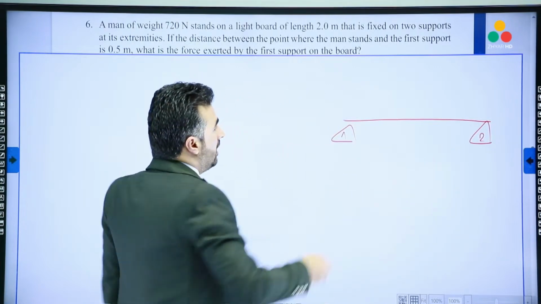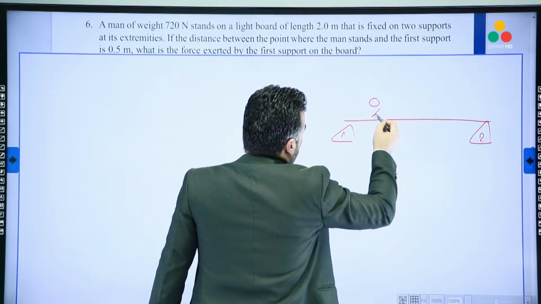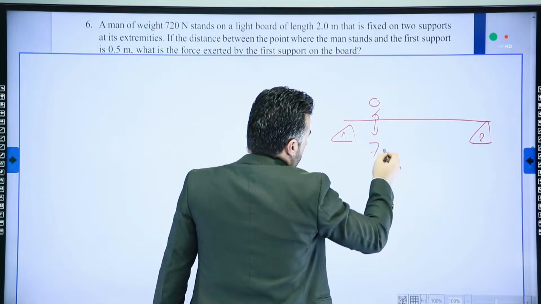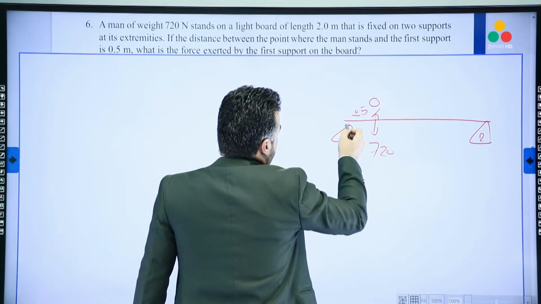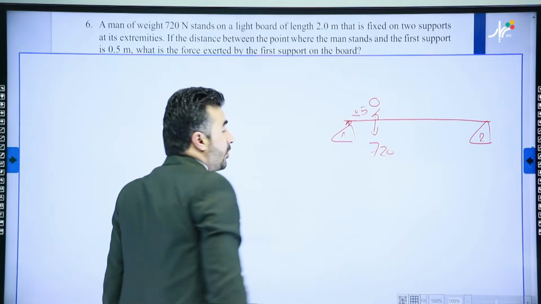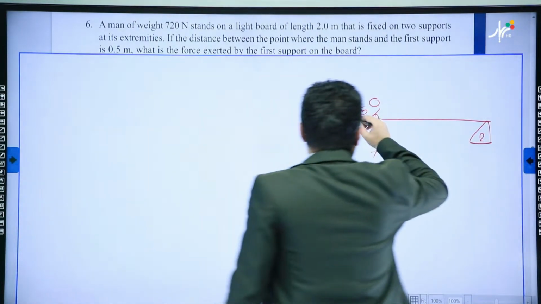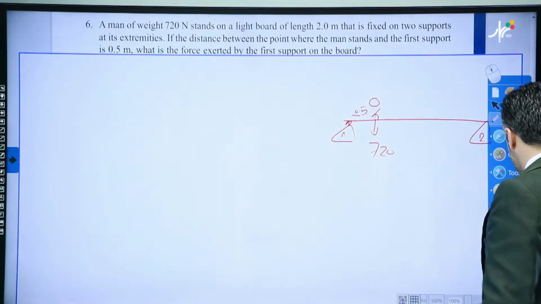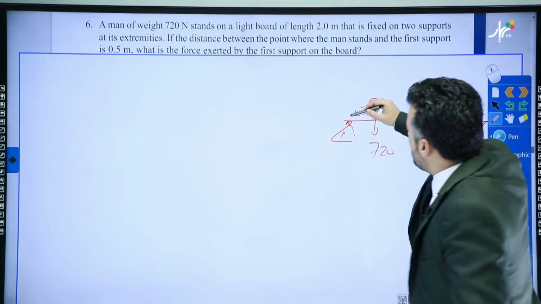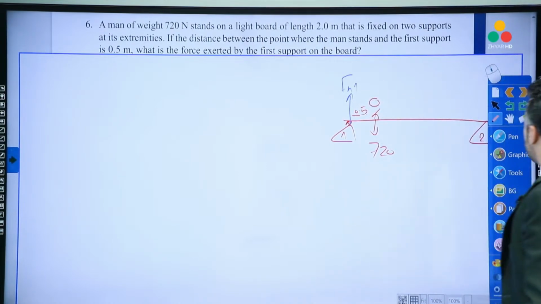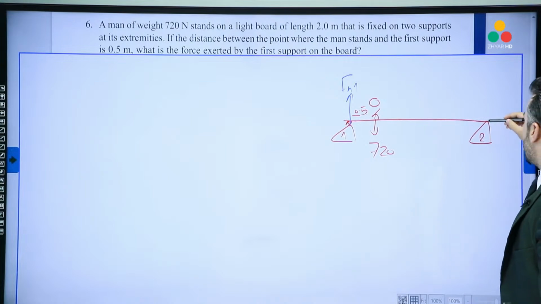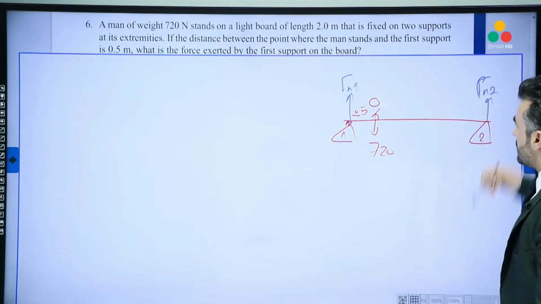There is a man of let's say 720 Newton, right, at a distance of 0.5 far from the first support. Okay, so of course these supports are exerting a force upward on the board here. So there is, we can say, Fn1, the first normal force, and this is going to be the second normal force by the support.